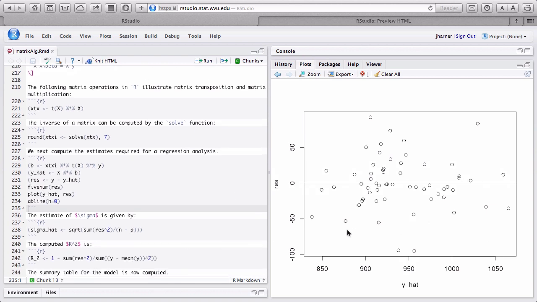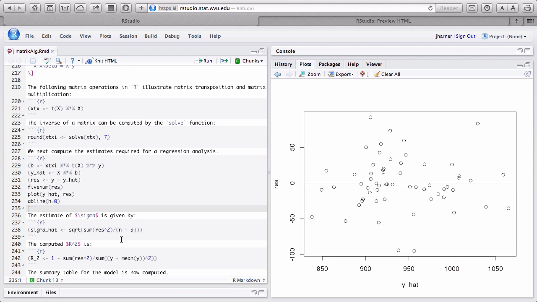Now sigma, if I want to estimate this variability, I can look at the residual squared, and in other words, I can sum. If you look at the sum of the residual squared divided by n minus p, where p is 5, the number of predictors included in the intercept, and I'm going to take the square root of that, that's the standard error about the regression line.